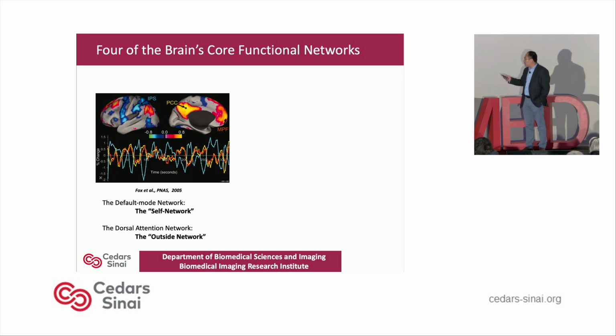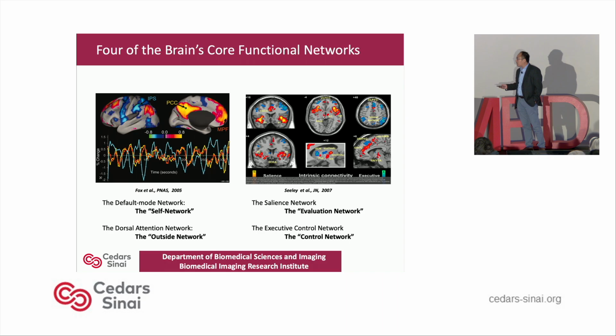So here is the network that we hypothesize. This is the salience network, centered in the anterior cingulate area and anterior insular area. We call it the salience network because this network is responsible for evaluating the salience or importance of events, both internally and externally.